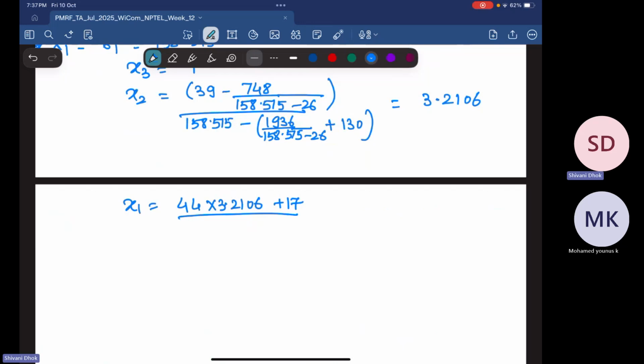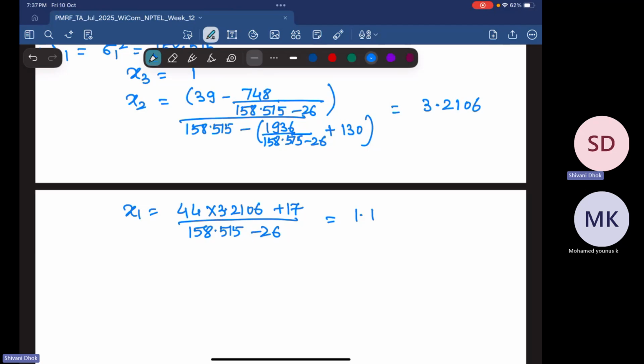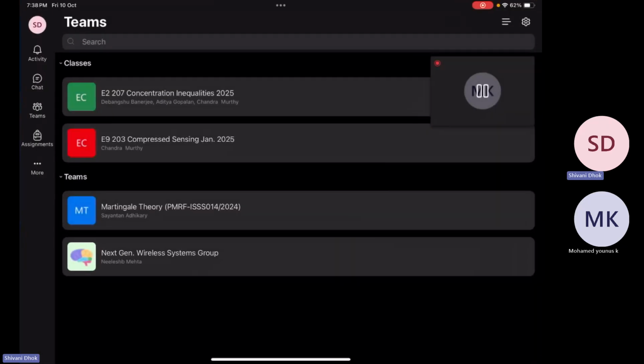Then comes out to be equal to 1.1943. So therefore, u1 tilde, which does not have norm 1, comes out to be equal to 1.1943, 3.2106, and 1.